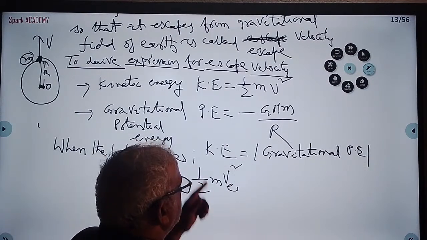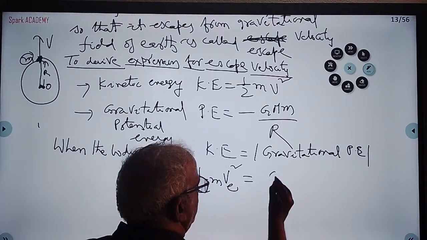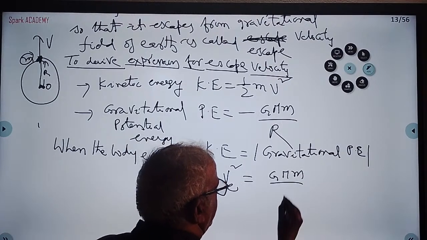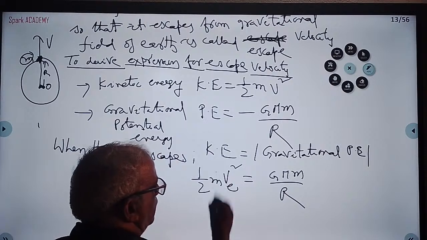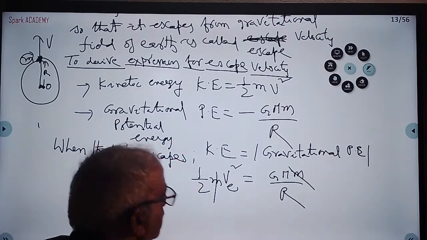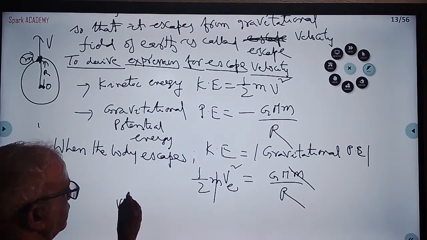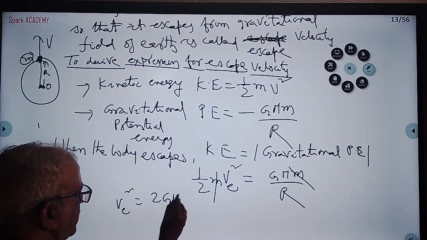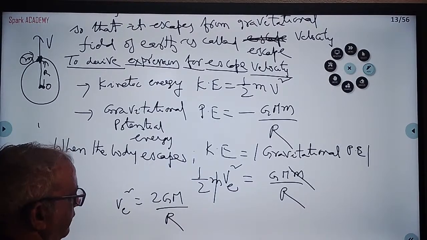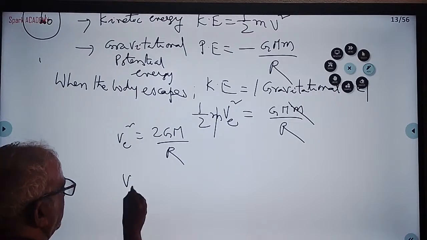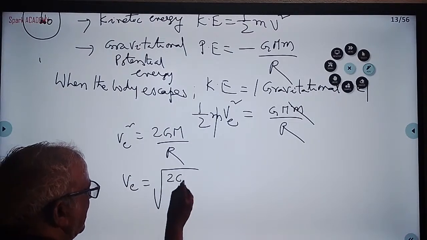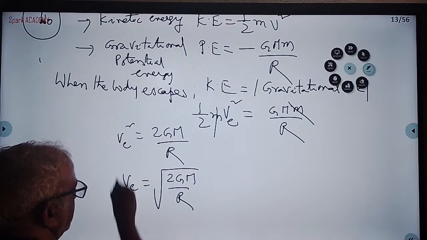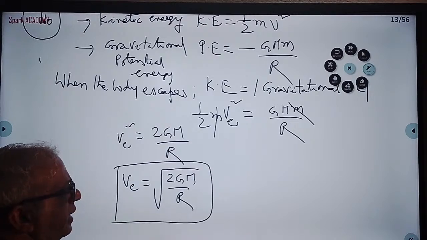So half m v e square is equal to G capital M small m by capital R. Small m gets cancelled. So you are going to get escape velocity square is 2GM by R. Therefore, escape velocity will become under root 2GM by R.